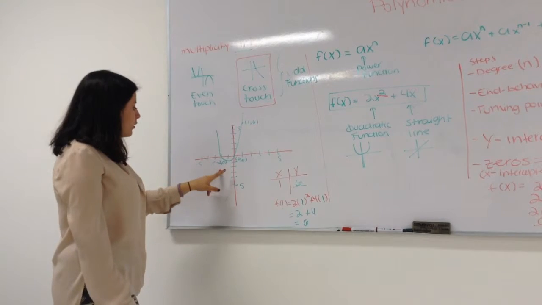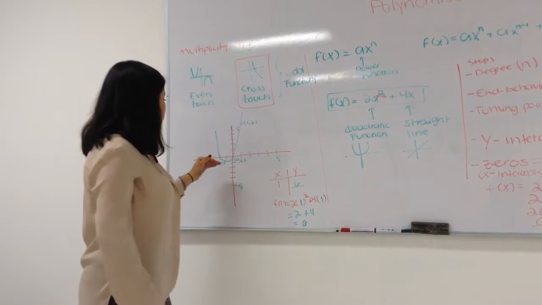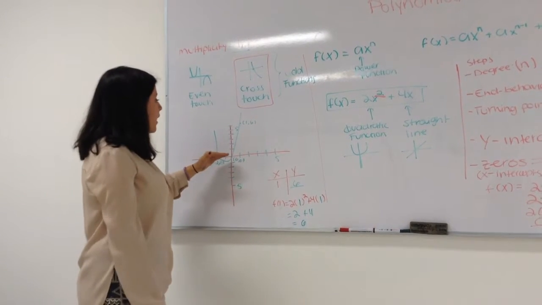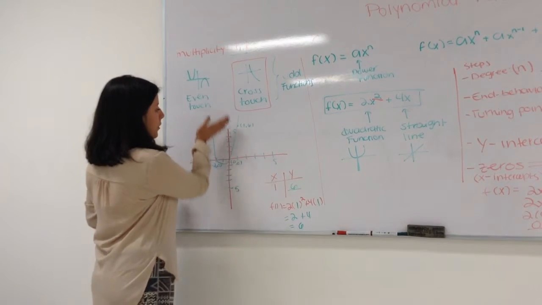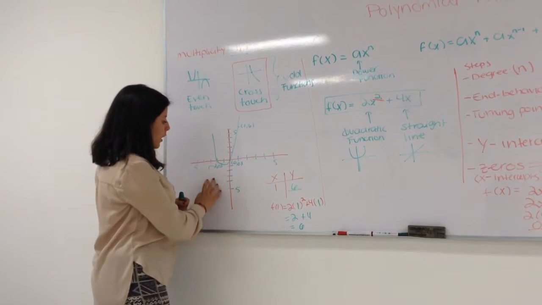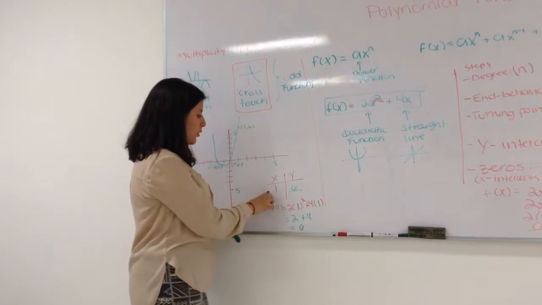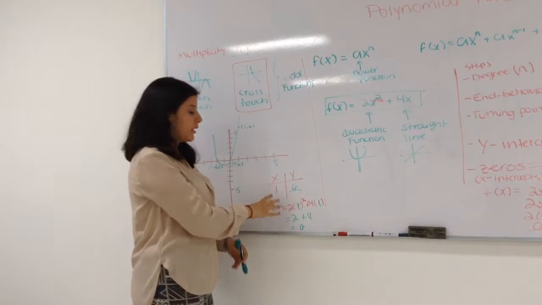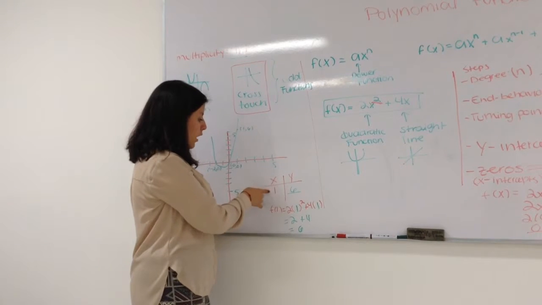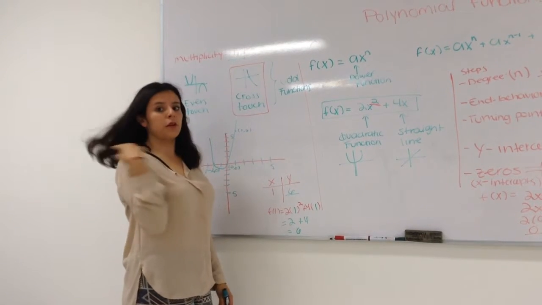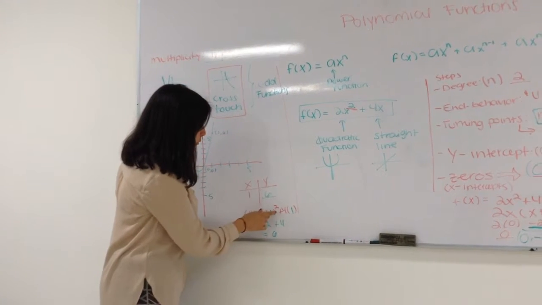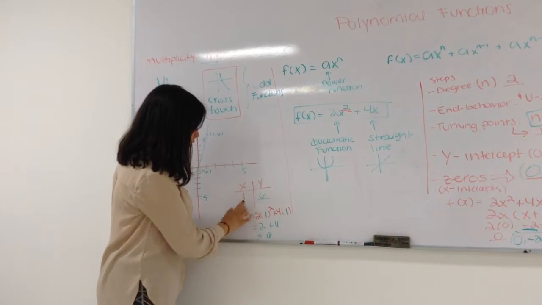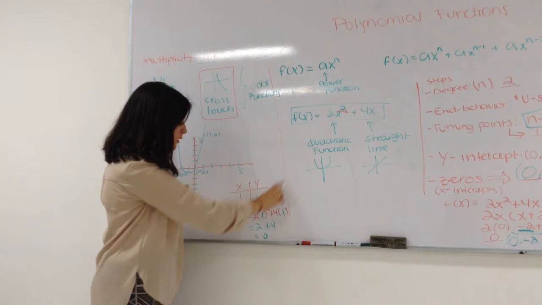And later, if we want to know if it's a positive graph or a negative one, that is going up or going down, what we have to do is tabulate. We put the number 1, or the number that we want, and we substitute this 1 in the function.